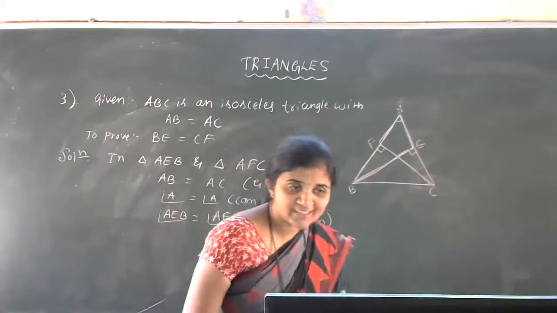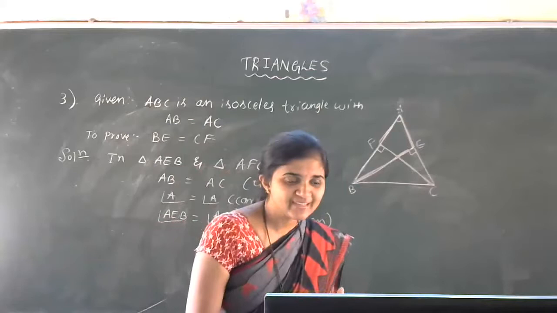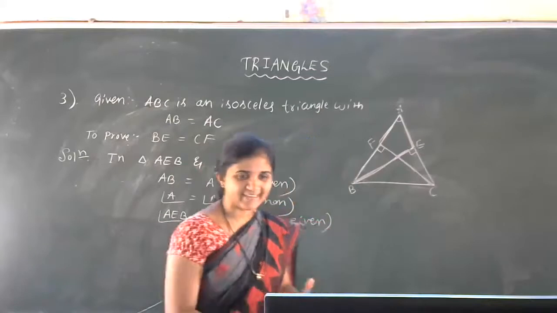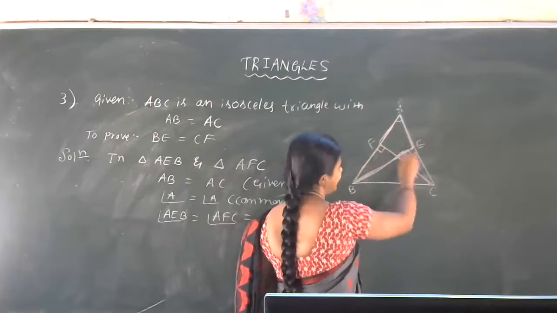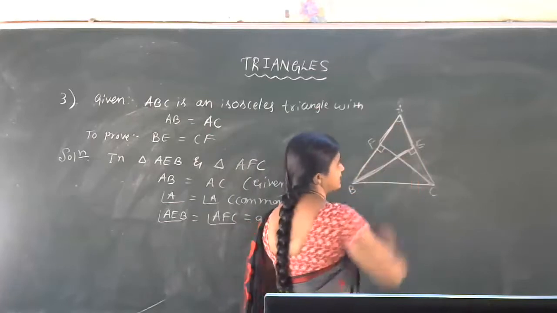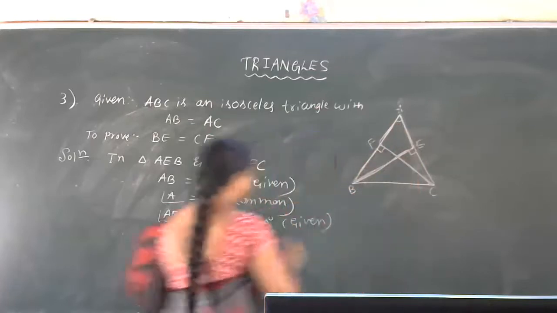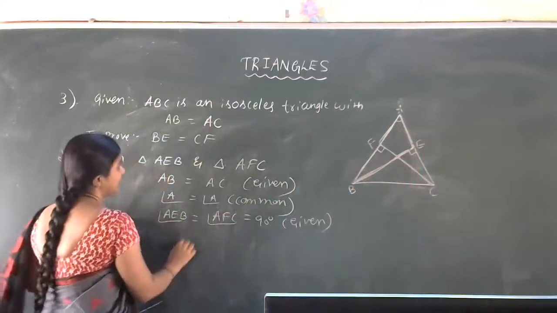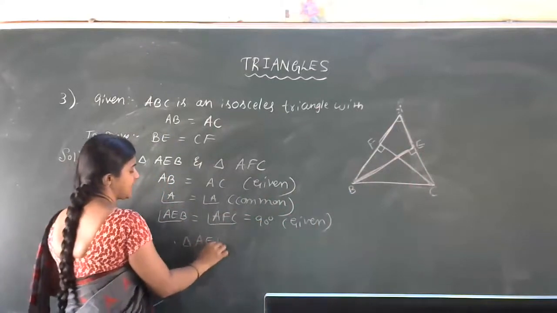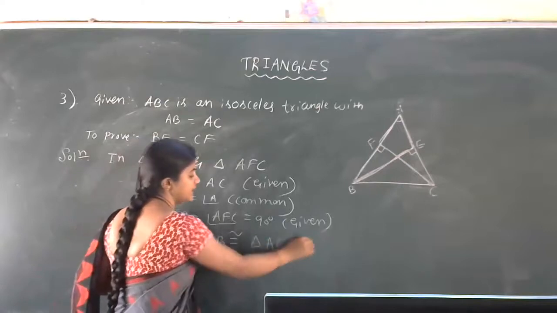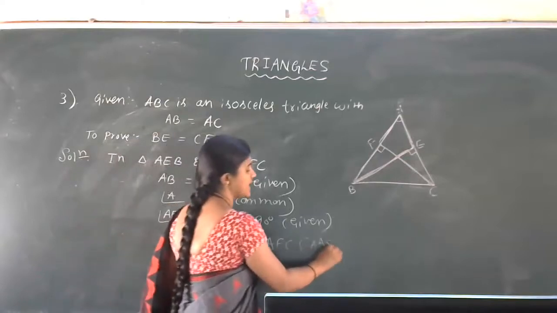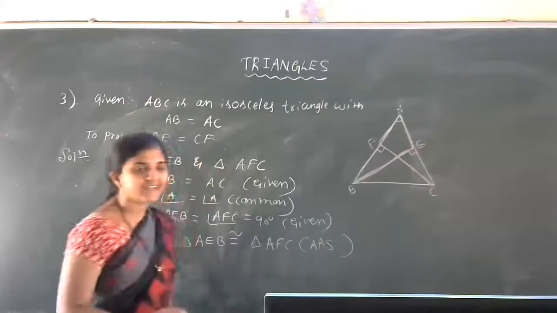Which congruency criteria? This side and this angle we use, no? So AAS congruency criteria. Therefore, triangle AEB is congruent to triangle AFC according to the AAS congruency criteria.